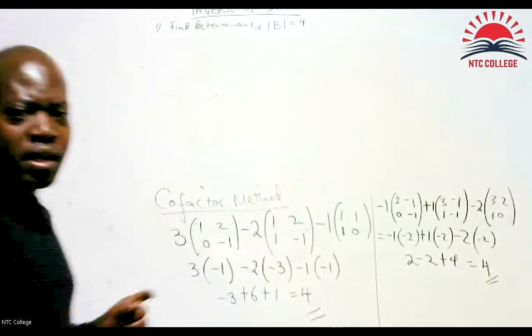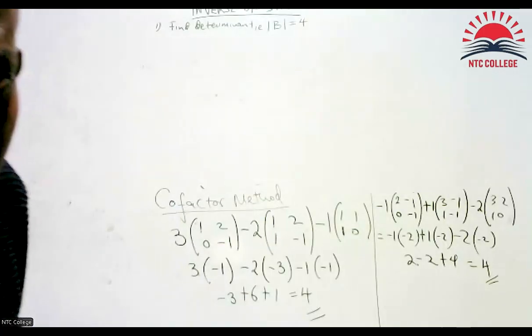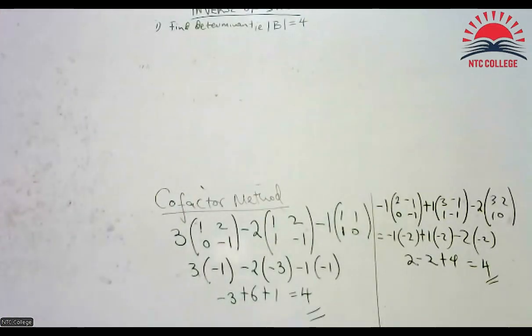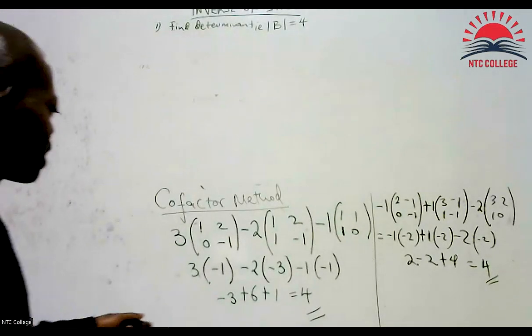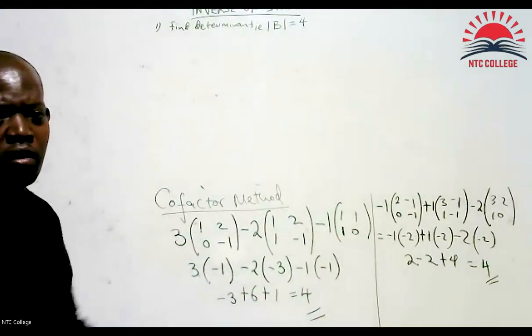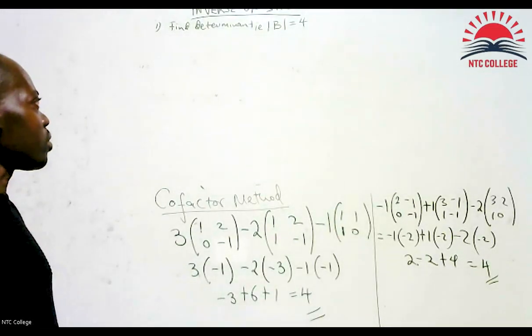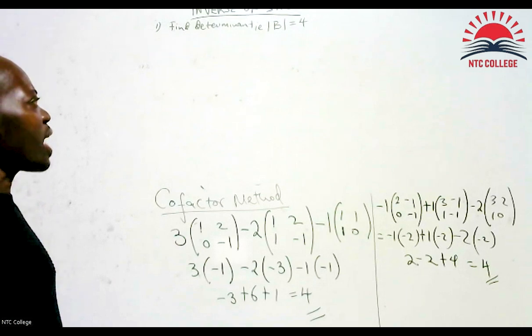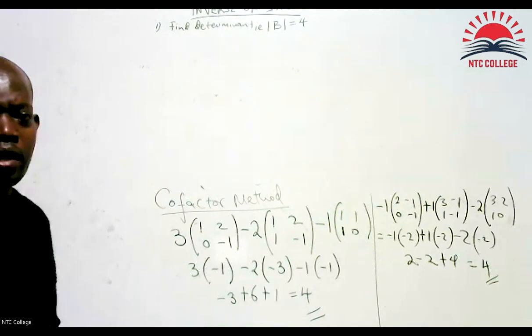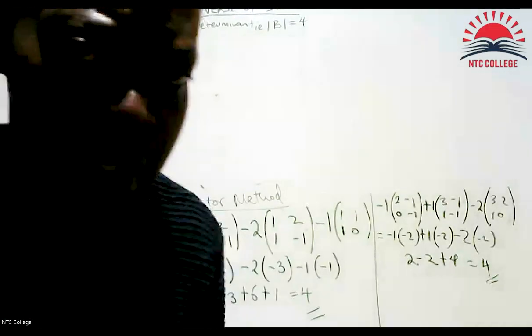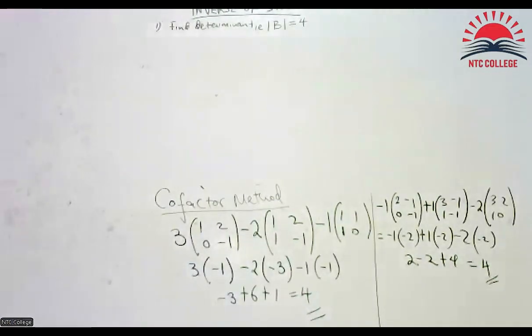The beautiful thing is that we have worked it out, so now everybody knows how we arrived at 4 for the determinant. Step 1, find the determinant: our determinant for matrix B is 4.